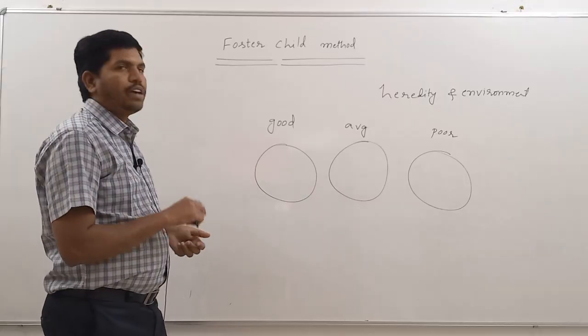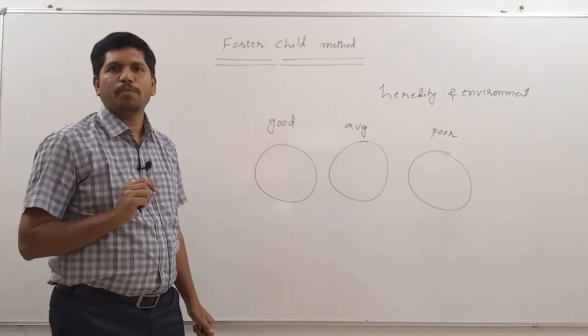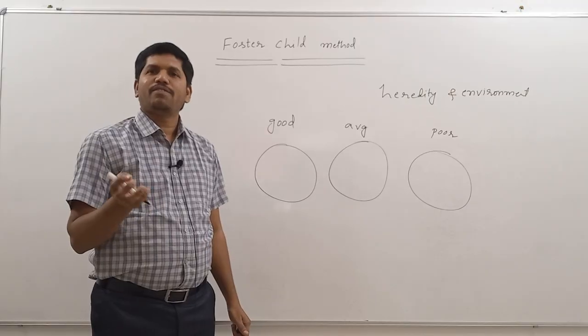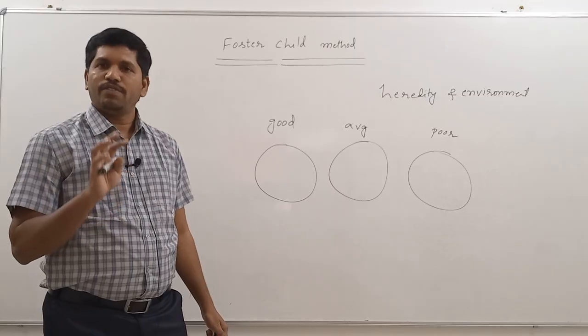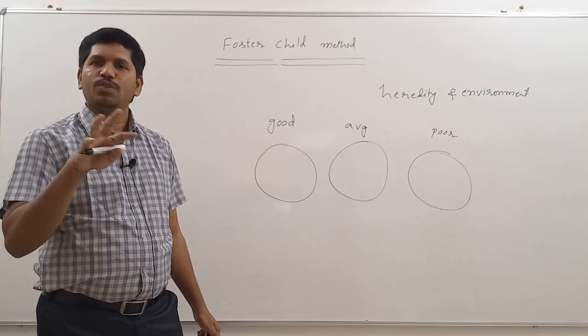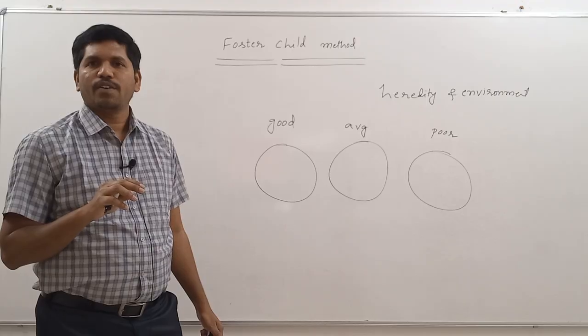Now, they have selected some children randomly from the population. The underlying assumption of random selection of the children is, if we select children randomly, we will get, most of the time, average children. Why?